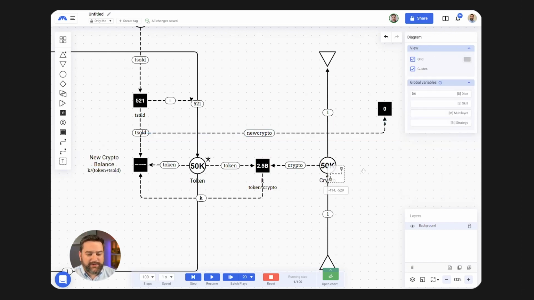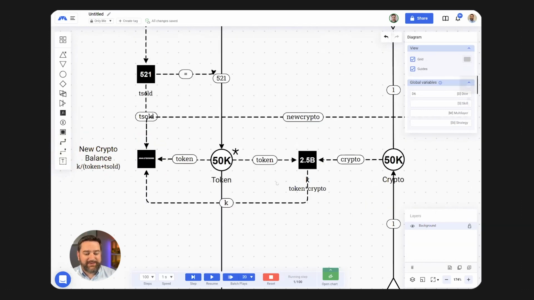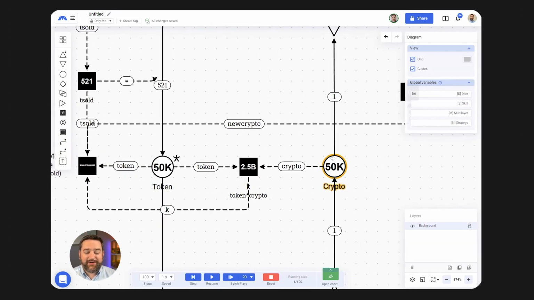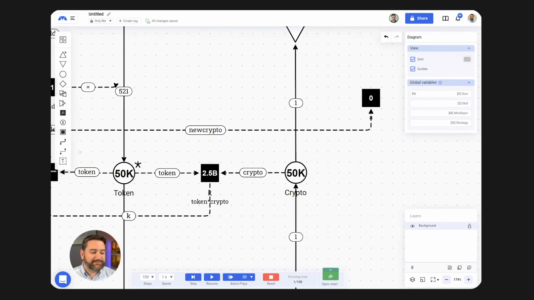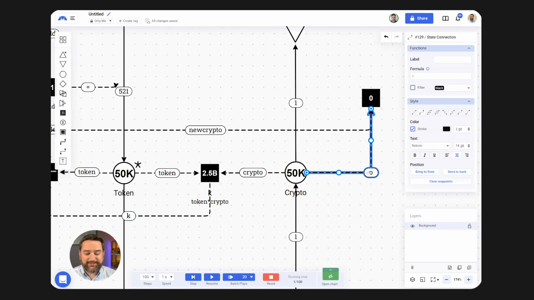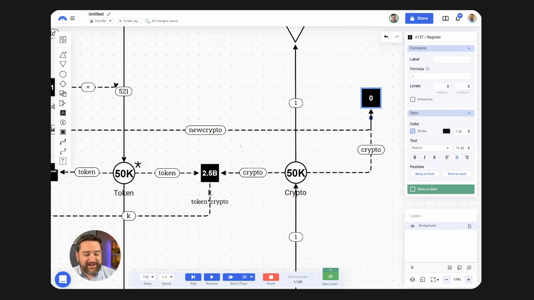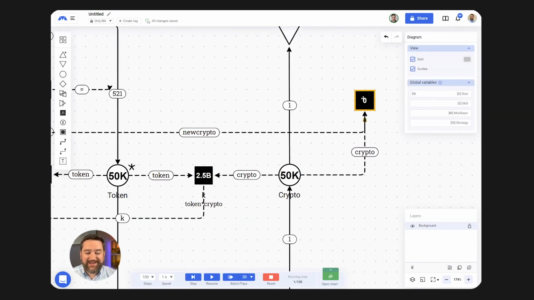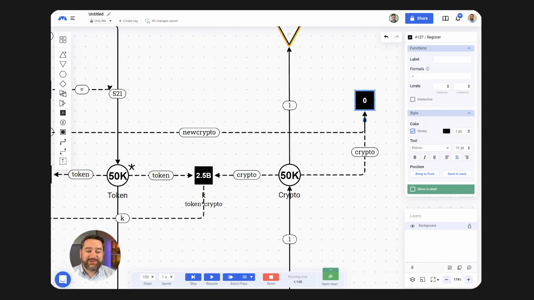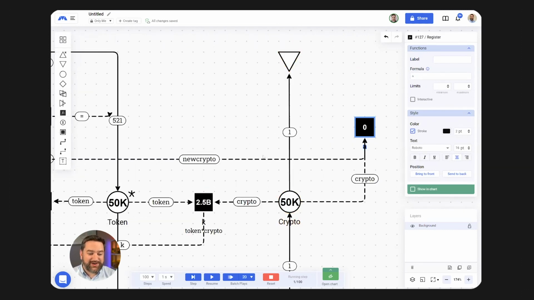And if this is giving us the number of crypto that it should be, we also need to know how much crypto is in that pool at the moment. Therefore, we're going to grab another state connection from our crypto pool, and I'm going to call this one crypto. And in this register, I then want to calculate how many resources we're going to take out and send to our drain.